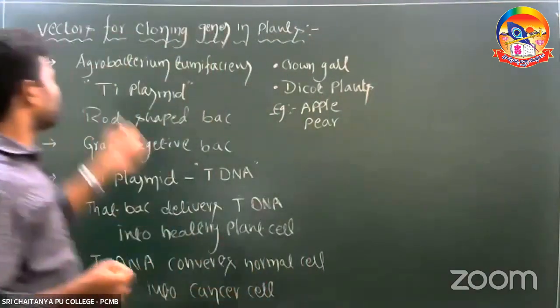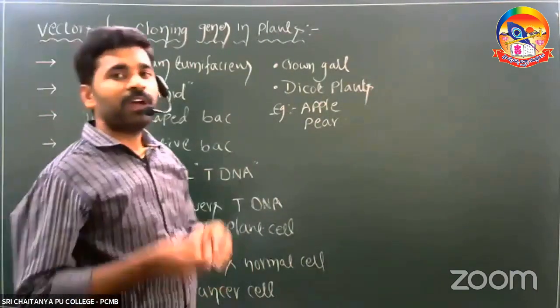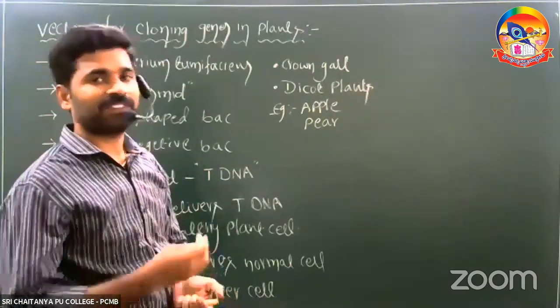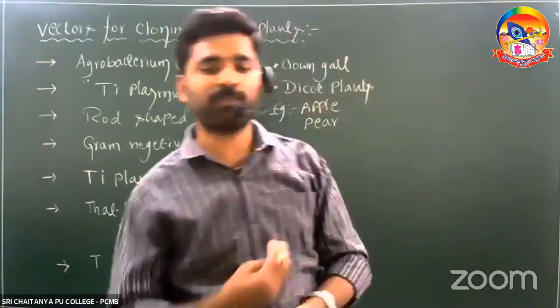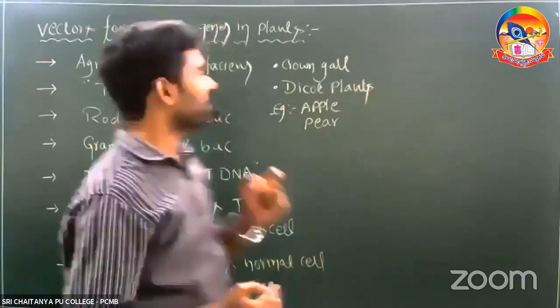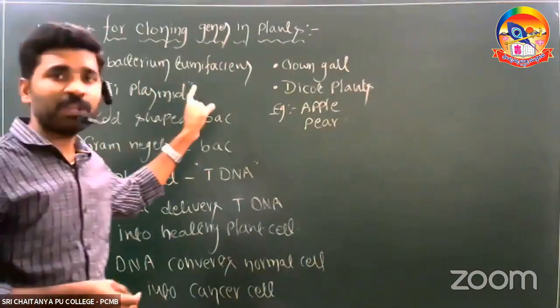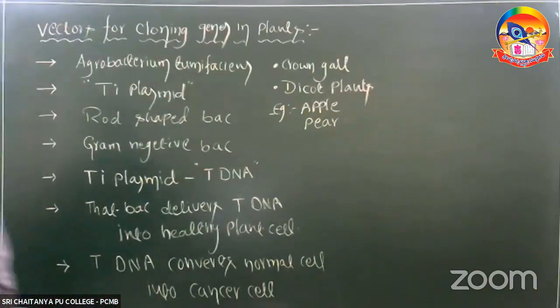Why are we selecting Agrobacterium tumefaciens for insertion of desirable genetic material into plant cells? Because Agrobacterium tumefaciens replicates rapidly. That's the reason we selected Agrobacterium tumefaciens for amplification or insertion of foreign genetic material into the host cell cytoplasm.